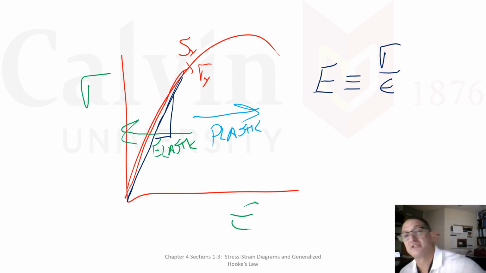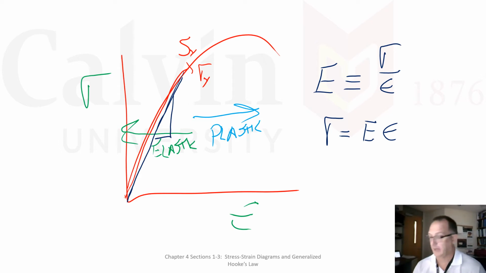We'll often present that equation as stress is equal to Young's modulus times the strain, but either one, we're just rearranging that definition. But that is the rise over the run on our material stress chart.